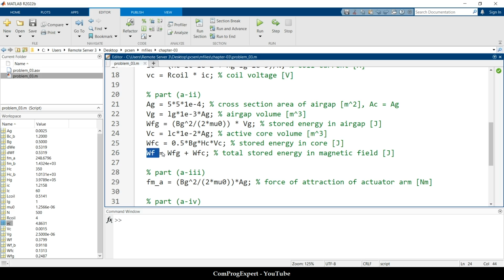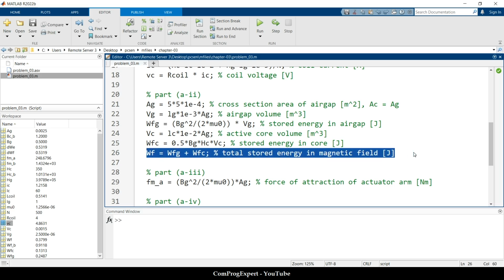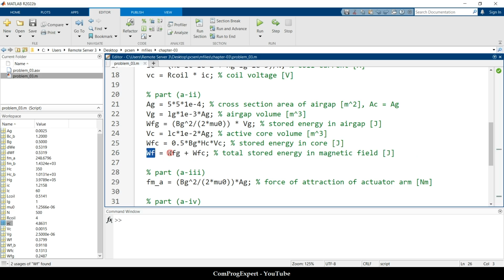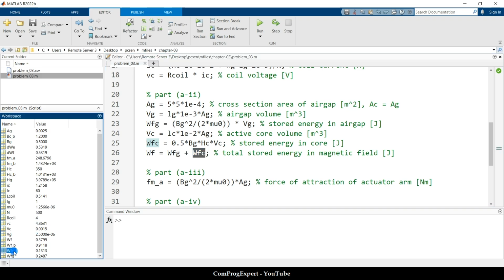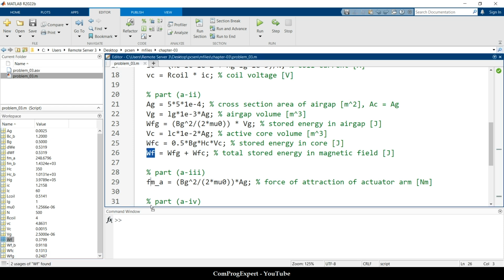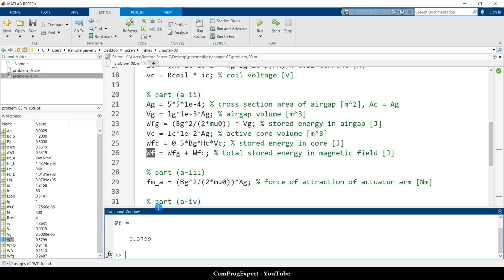So the total stored energy in the magnetic field is the summation of the stored energy in the air gap plus the core. If I run the code here, you can see these two numbers. This is the stored energy in the core, in the air gap, and this is WF, the stored energy in the field.